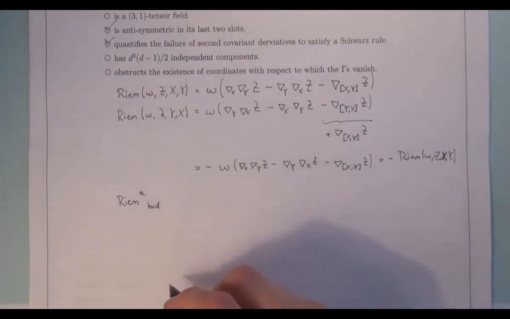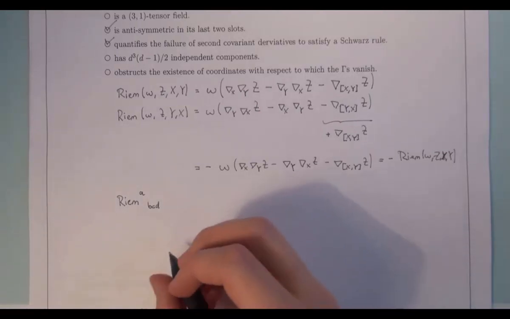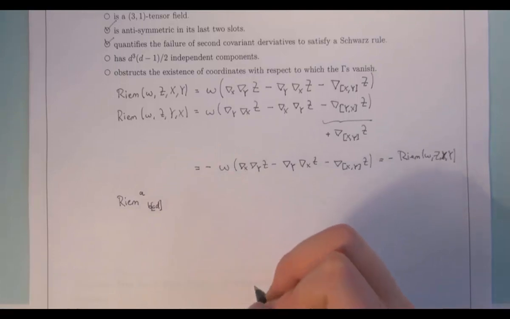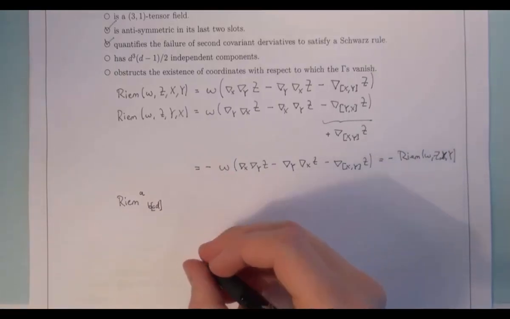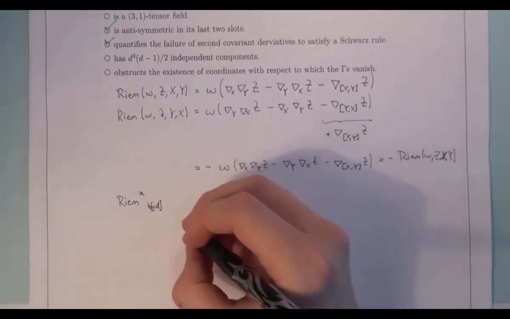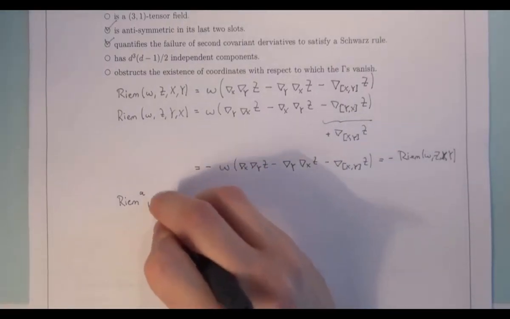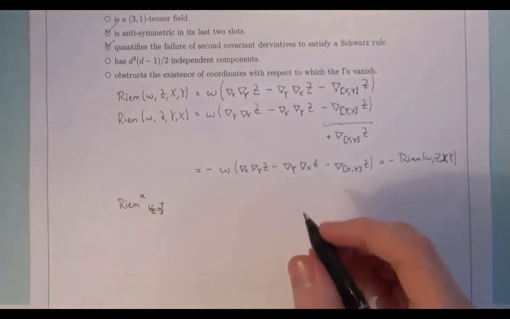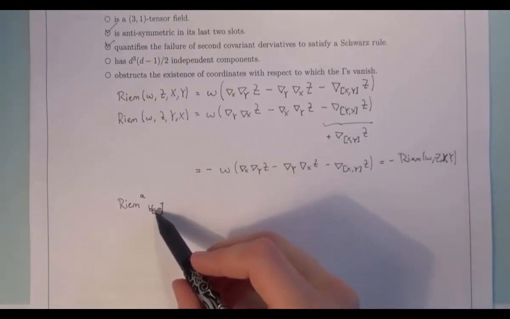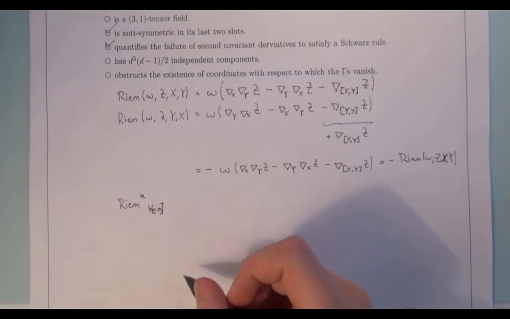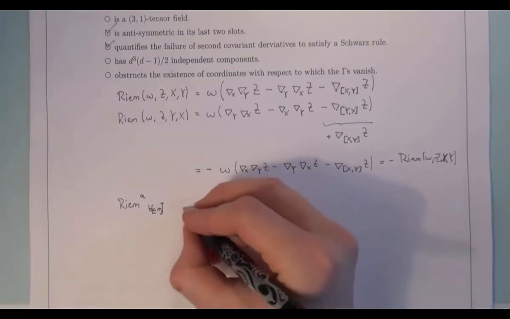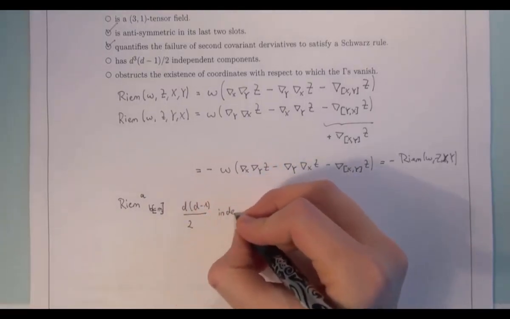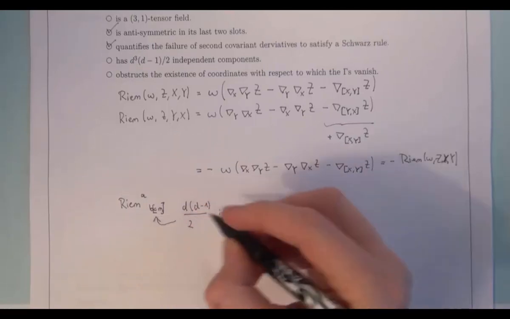And we already showed in the second question that it is antisymmetric in these two slots. The D here is a little misleading, as this is also what we call the dimension, so let's just name it M. If we have such an antisymmetric pair, we have D times D minus 1 over 2 independent components, just for this pair.